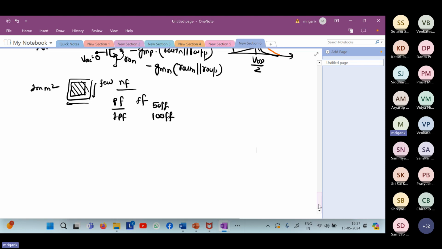VT has reduced, but the VDD you are using is the same, so the current will increase. Generally, as we scale down from 180 nanometer to 45 nanometer, the supply voltage is also supposed to scale down. For 180 nanometer, the supply voltage is 1.8 volt. For 45 nanometer, it will be either 1.2 volt or 1 volt. So if you reduce the VDD, then you will see the effect.